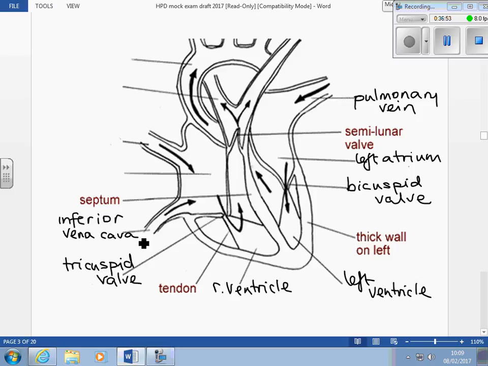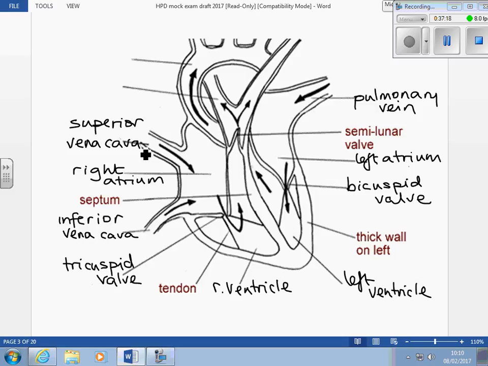This is way more labels than you need, but never mind. Next one up, right atrium. Next one is the superior vena cava. Then we've got the pulmonary artery, that's a curious one.